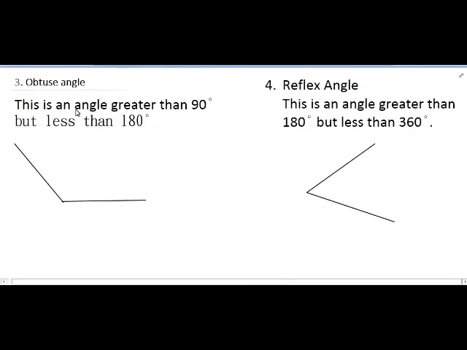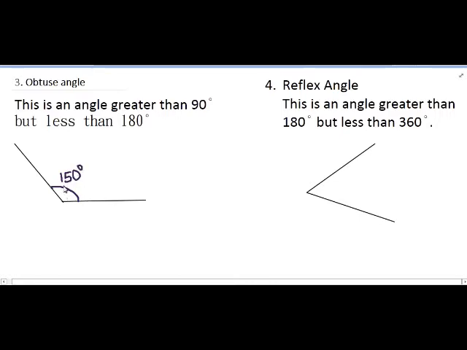We have another angle, the obtuse angle. This is an angle greater than 90 degrees but less than 180 degrees. So we have an obtuse angle here. Right here we might have a 150 degrees measure of an angle.